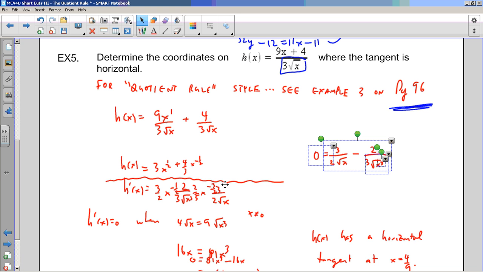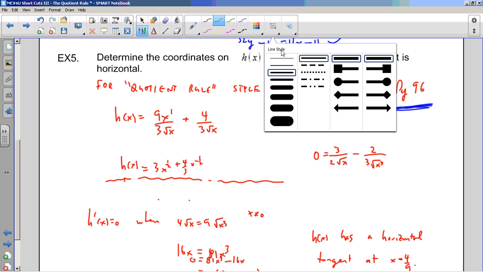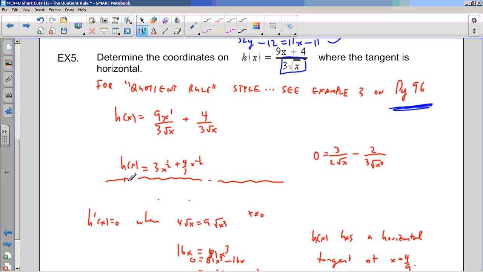I've kind of made a mess of this, but once I take the derivative, I'll do it again. I was going to just not do this at all, but take the derivative of, again, this is 3 halves x to the exponent 1 over 2. The derivative comes down, becomes 4/3 times negative a half x to the minus.